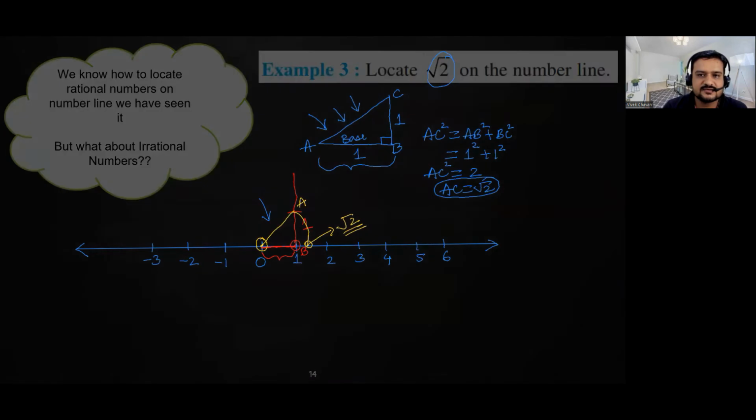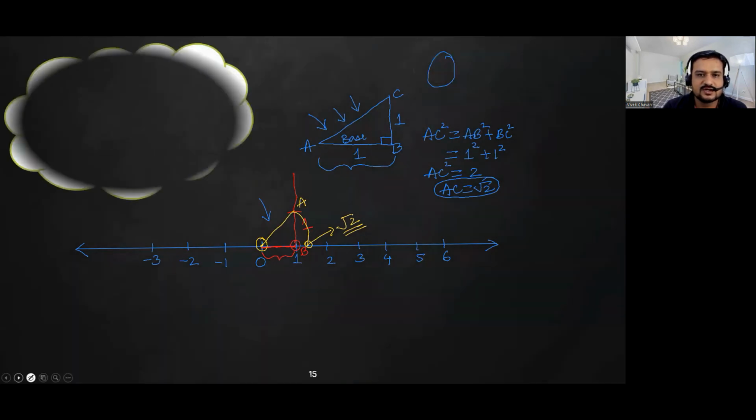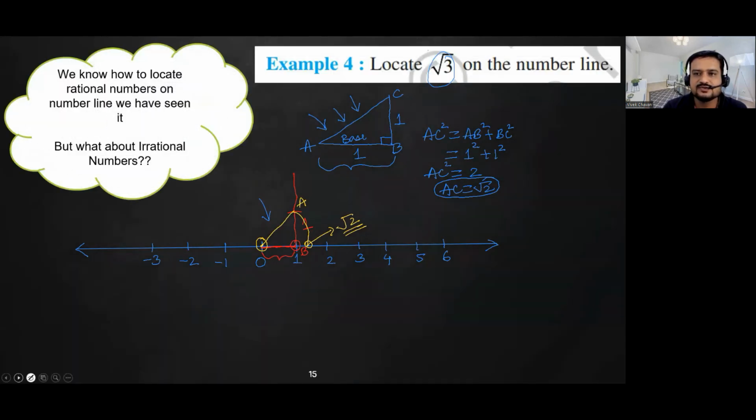Now next we are going to locate under √3 on the number line. Okay. Now for locating under root 3 on the number line, we will take the help of under root 2 also.